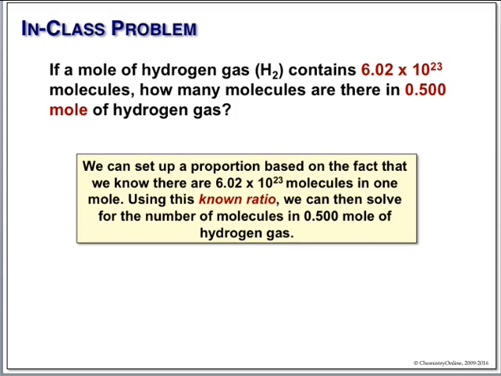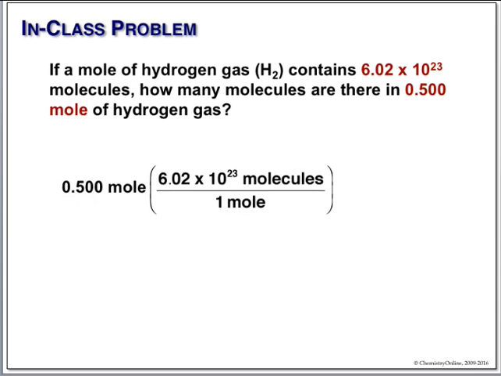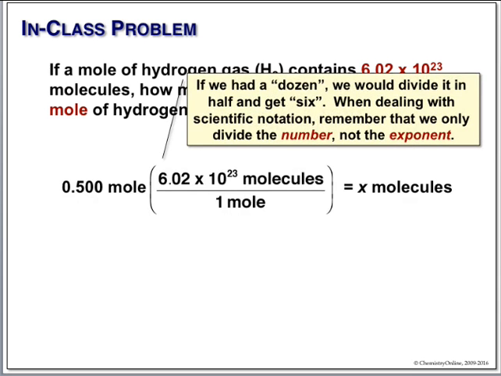Again, just like 12 per dozen. We start off with our given. Remember, we must have mole in our denominator. So this is nice and simple. 10 to the 23rd molecules per mole. Moles are going to cancel.